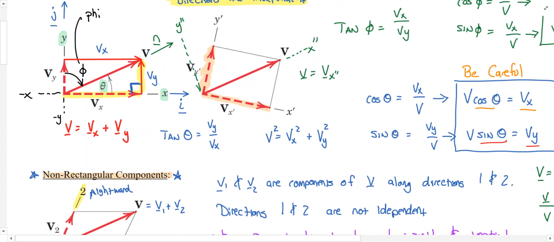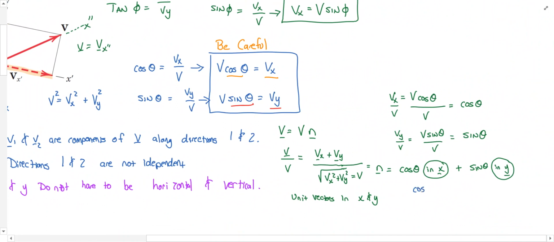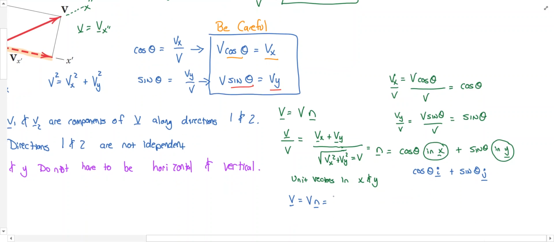And so when we write this vector, we can say, well, that's cosine theta in the i plus sine theta in the j. And so now, if you were to write v, well, this is v in the n. So this is v times the cosine of theta i plus the sine of theta j.